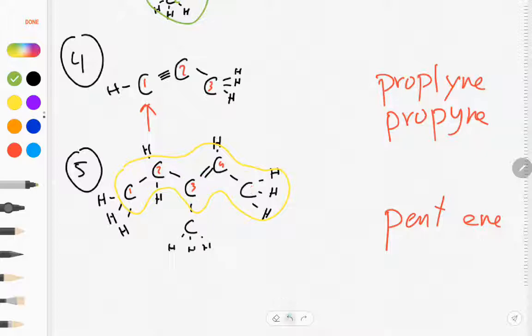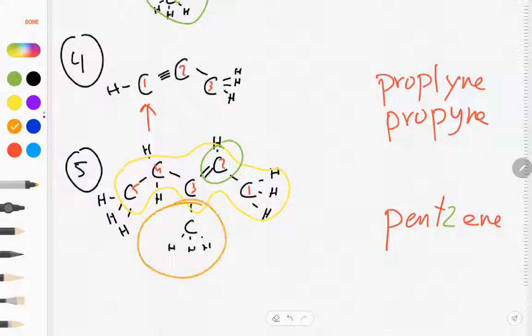But if I number from right to left, my double bond actually starts on the 2nd carbon. And starting on the 2nd is better than starting on the 3rd. So that's the way we number. So where is the double bond starting? The 2nd carbon. So it's a pent-2-ene.